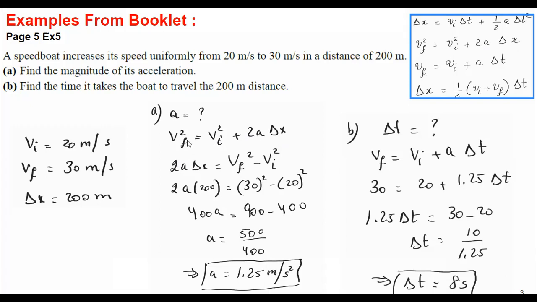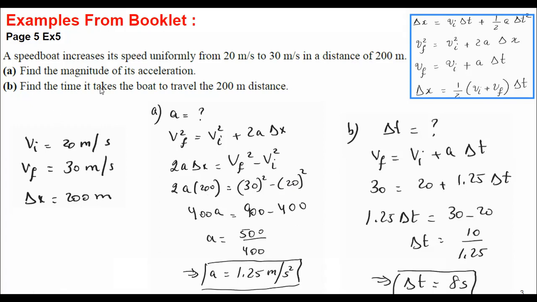If I take VI square to the other side, it becomes VF square minus VI square equals 2A delta x. So 2A times delta x, which is given as 200, equals VF square, 30 square, minus VI square, 20 square. I plug in numbers, I do calculations. 400A equals 900 minus 400, which implies A equals 1.25.